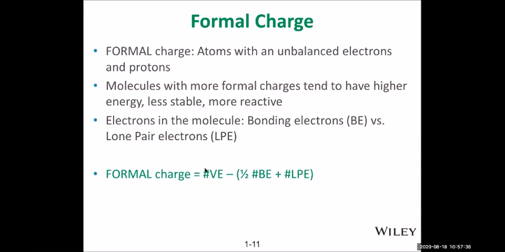If this number is more than the one in parentheses, that means the atom in the compound possesses fewer electrons than it should have to be neutral. Then you have a positive charge. And positive charge we call electron deficient. Negative charge means electron rich.